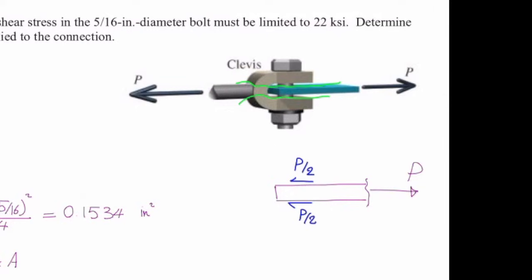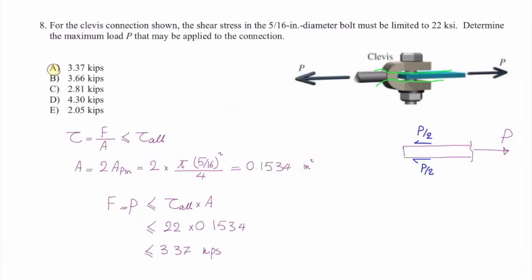That's why we consider this as a double shear connection, because 2 areas are sheared. If I consider 2 areas, how much would be the force acting on those 2 areas? Is it P or 2P? It's P. Okay? So I can consider one area of bolt and consider P over 2 as a force, or I can consider two areas on top and on the bottom and consider that P should be transferred.